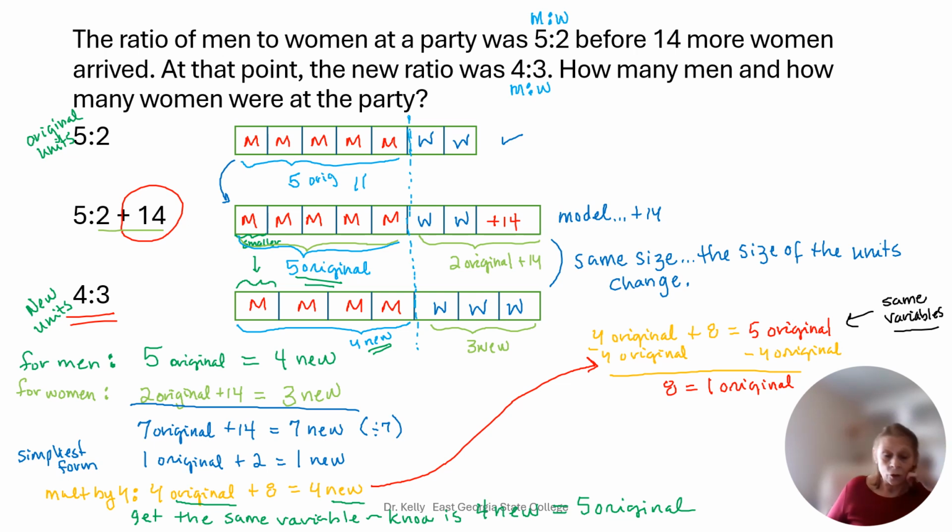Yay! Now we know. So each unit is equal to 8 people.